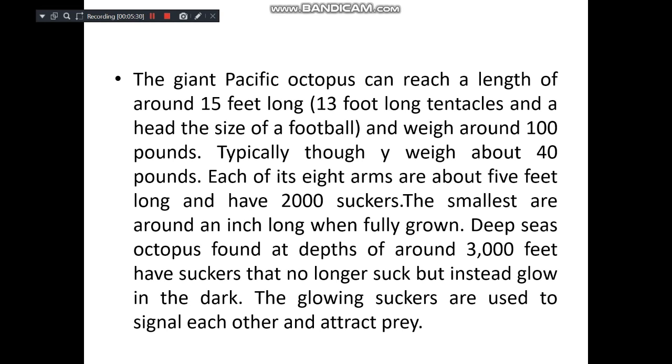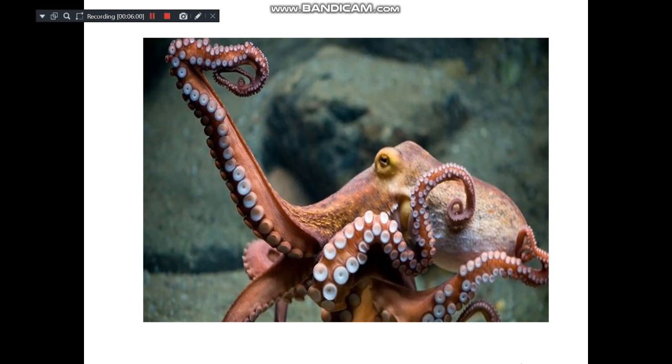The suckers can also impart color and glow from the arm, and they are used to signal each other, and also to attract the prey. See, on the octopus there are two rows of suckers.